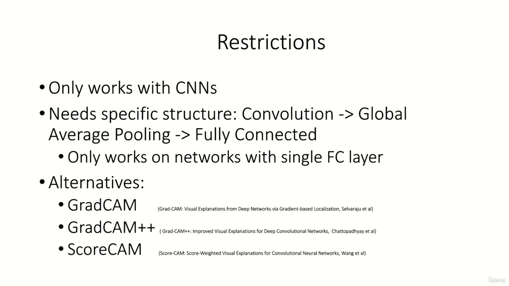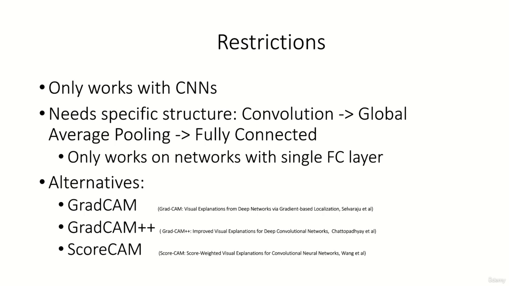At first, it only works with convolutional neural networks, and in fact, it needs a specific network architecture. Namely, the last convolution must be followed by a global average pooling layer, which is then followed by a single fully connected layer.